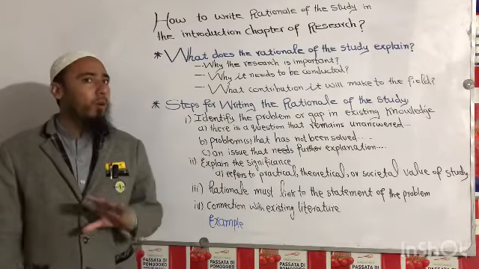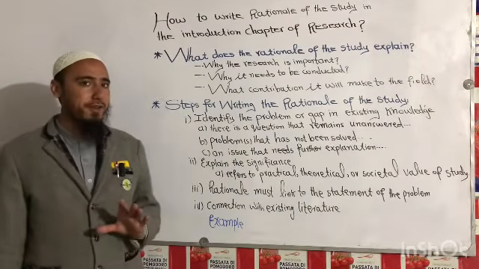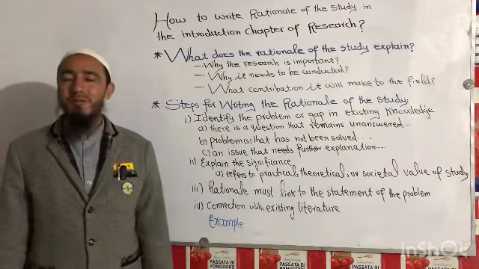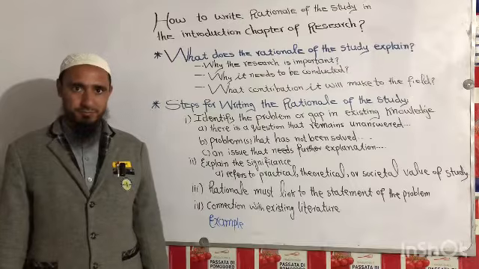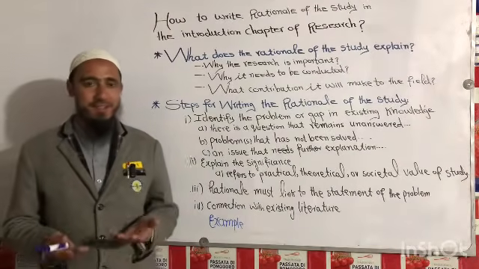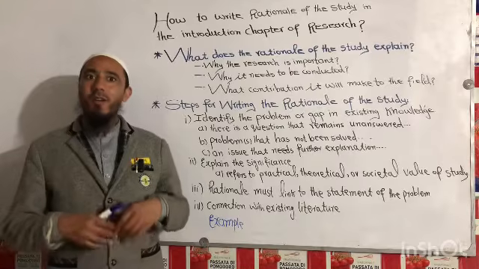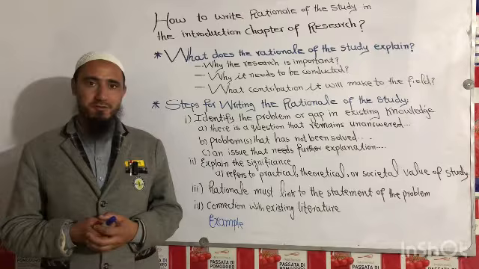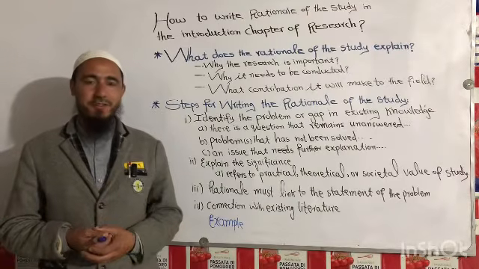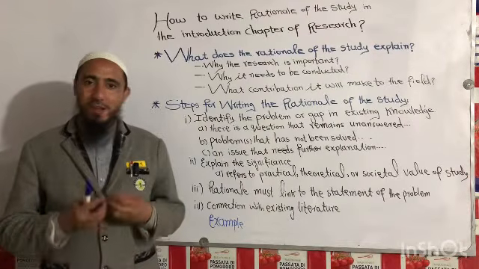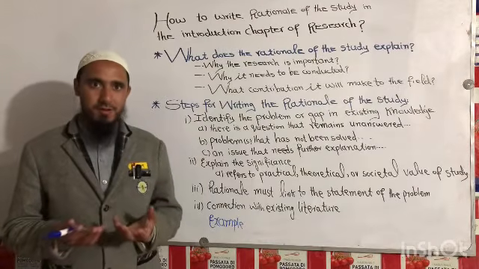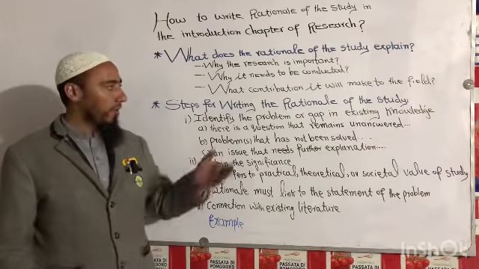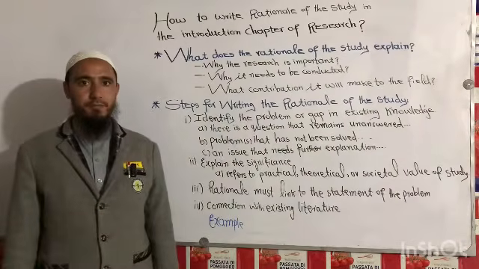Listeners and audience, whenever you are writing rationale of the study, the first step is to identify the problem in the existing research. Sometimes the students say which topic is better for our research to carry out. Definitely, whenever you are studying various articles and research on a daily basis, you will find the gap in the research.